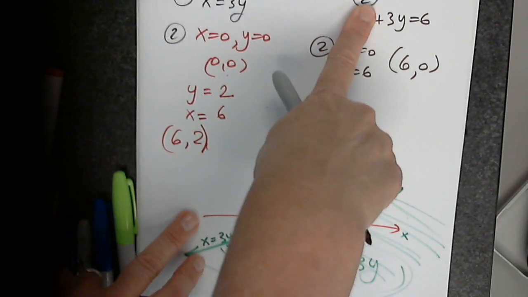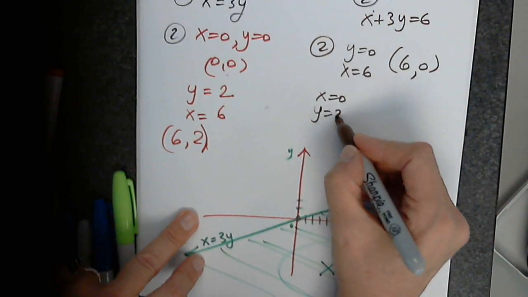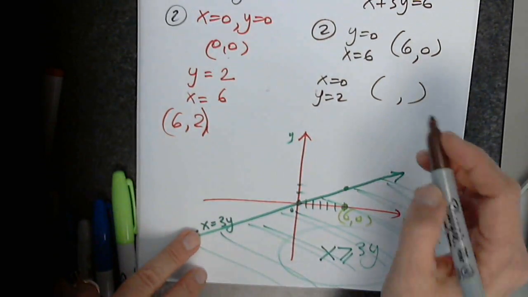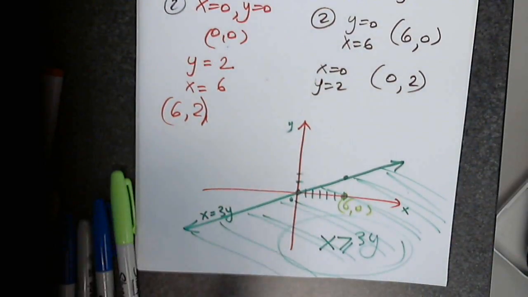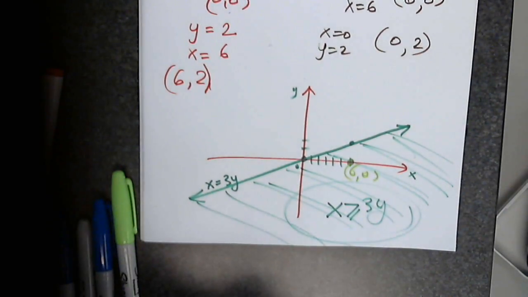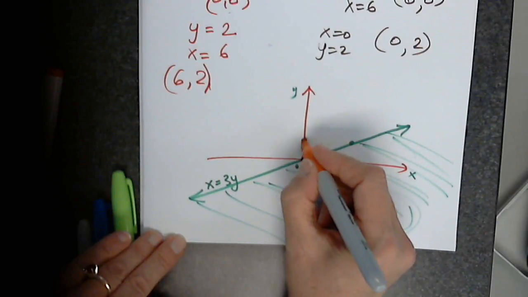It's gone. I covered it. Very good. So what is the ordered pair? Yes, very good. So I'm ready now to graph this. Okay, it happens that 6, 0 is right here, and 0, 2 is here.